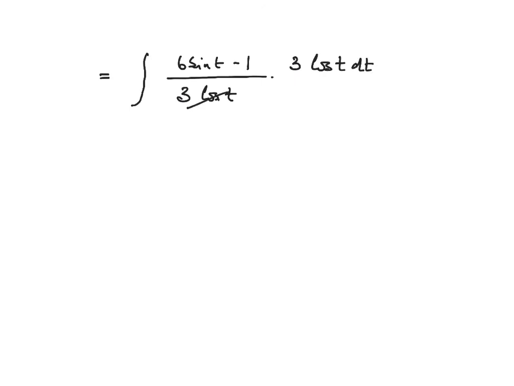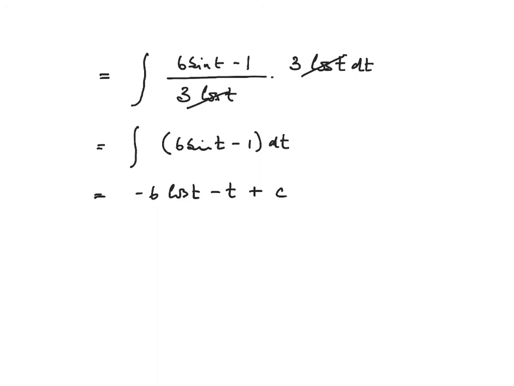So we have top and bottom cancelling like so, and we've just got the integral of 6 sine t minus 1 integrated with respect to t. That gives us minus 6 cos t minus t plus c.